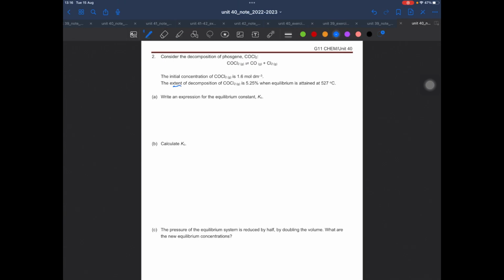Okay, here. Alright, first of all, extent of decomposition means that 5.25% of COCl2 is decomposed. Okay, so you can write it down. Okay, so the value of Kc. Oh, okay, so first, finish your job first.